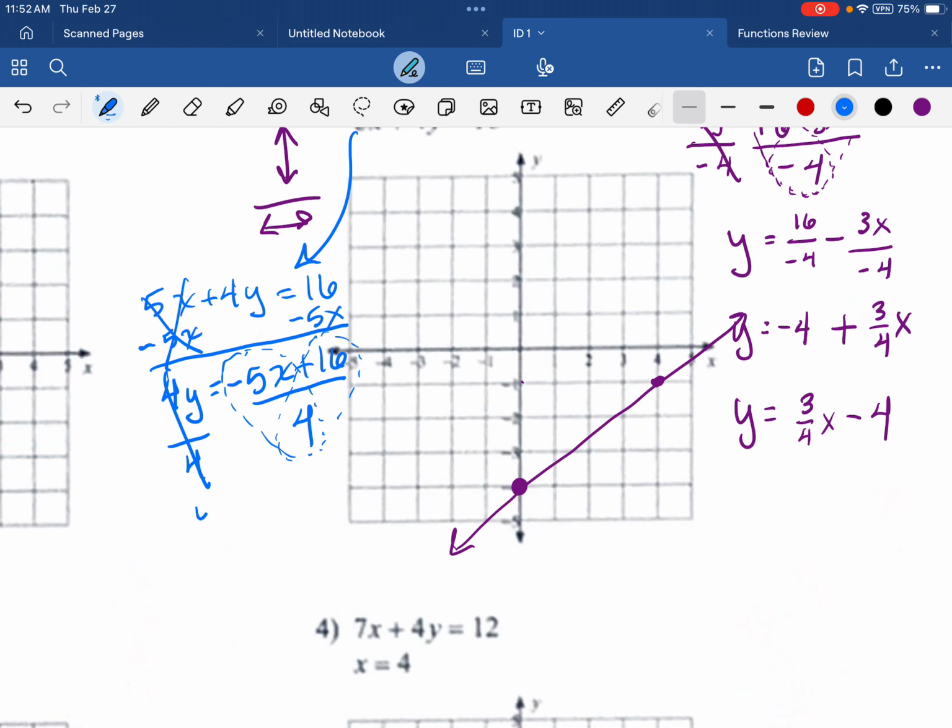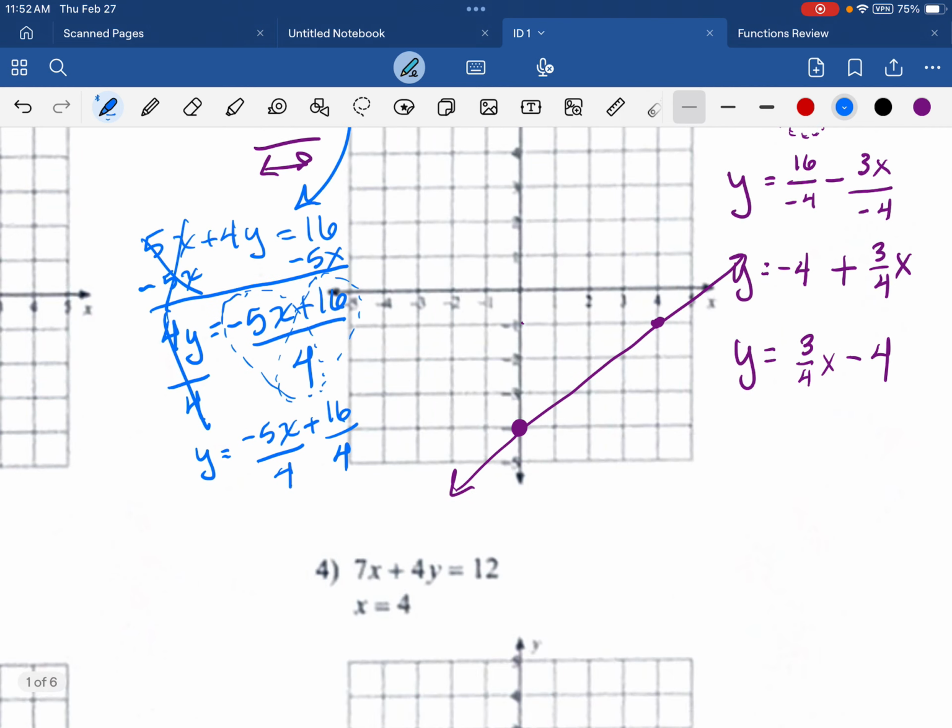Okay, these guys cancel. I get y equals negative 5x divided by 4 plus 16 divided by 4. Okay, again, I want to leave this as a fraction because that's a pretty good slope. So I'll have y equals negative 5 divided by 4 x, and then 16 divided by 4, well, that's just going to be 4.